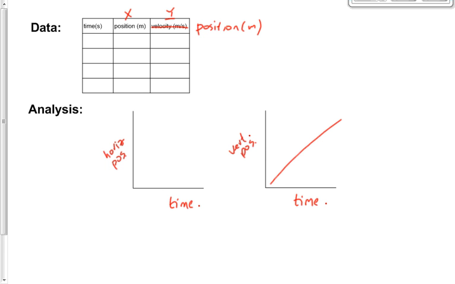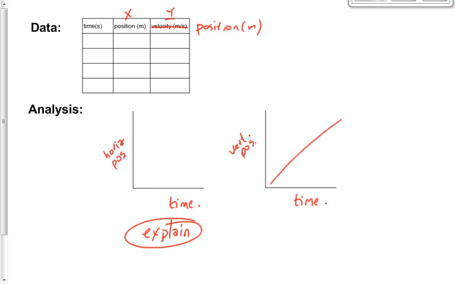Okay? If it's not a straight line, well then describe what that represents based on it not being a straight line. Okay, so your analysis includes two graphs, and it includes explaining what the shapes of those graphs mean.